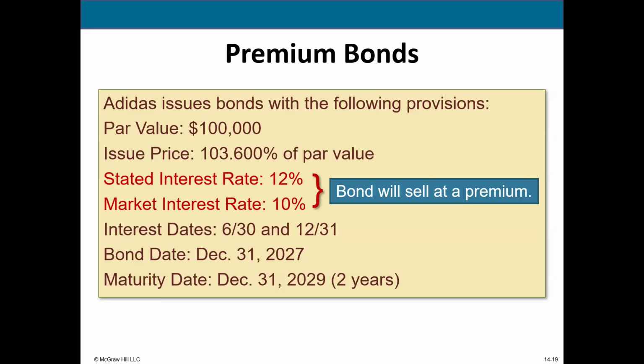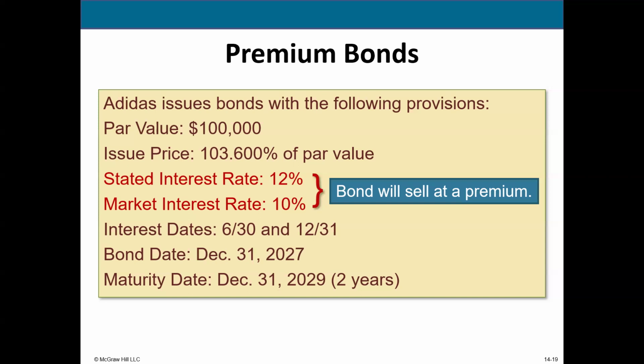Therefore, we say it's at a premium. So the calculation here is we have $100,000 times the 102%, or I'm sorry, in this case 103.6, but times the 1.02, which is the difference between the 12 and the 10.